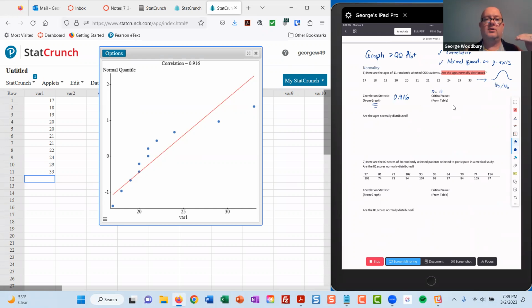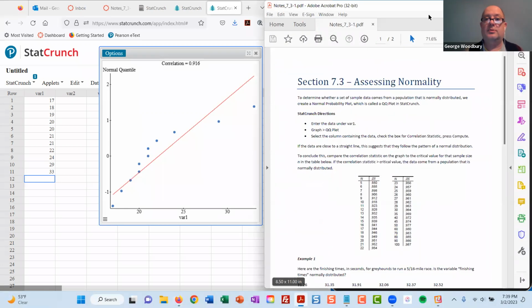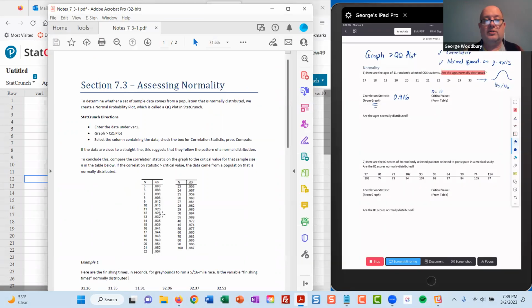What the critical value is saying is if you get a correlation above this number, they're normally distributed. And if you can't beat this number, they're not. So I've got the table. For n equals 11, the number to beat was 0.923.